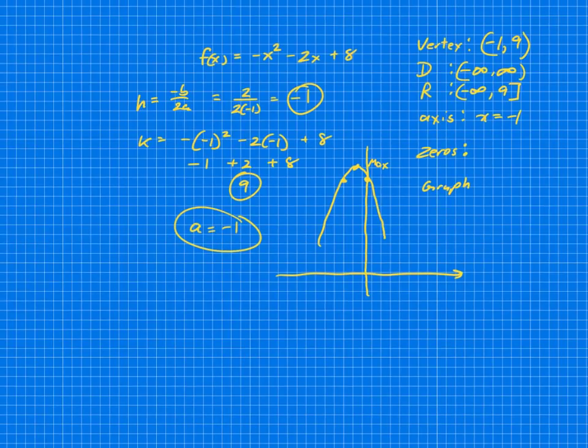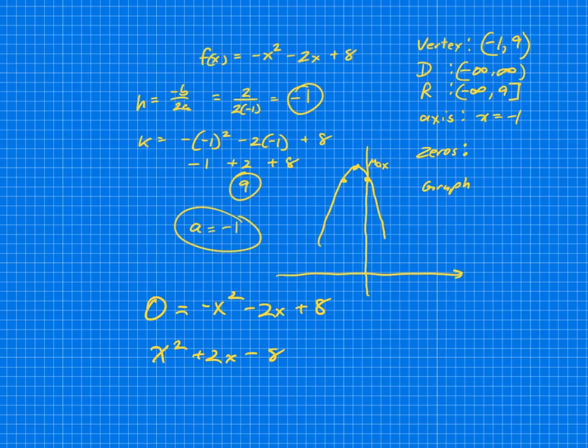This actually factors. So if we set this, what I'm going to do is change f of x to 0, and that equals -x squared minus 2x plus 8. Now that it's set equal to 0, I can multiply everything by -1, and I can rewrite this as x squared plus 2x minus 8.